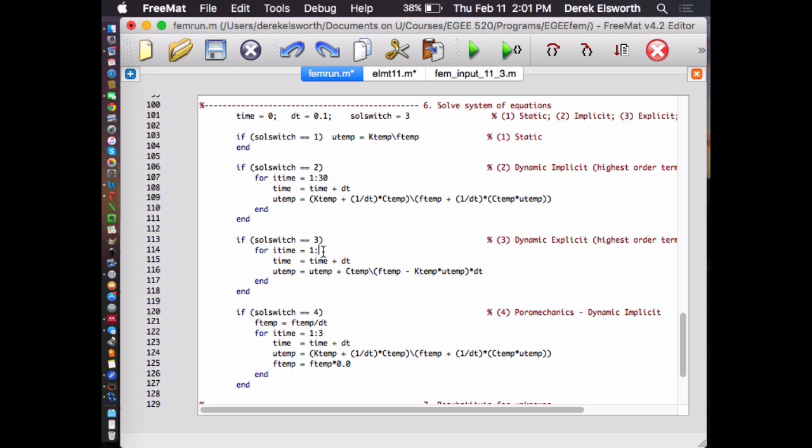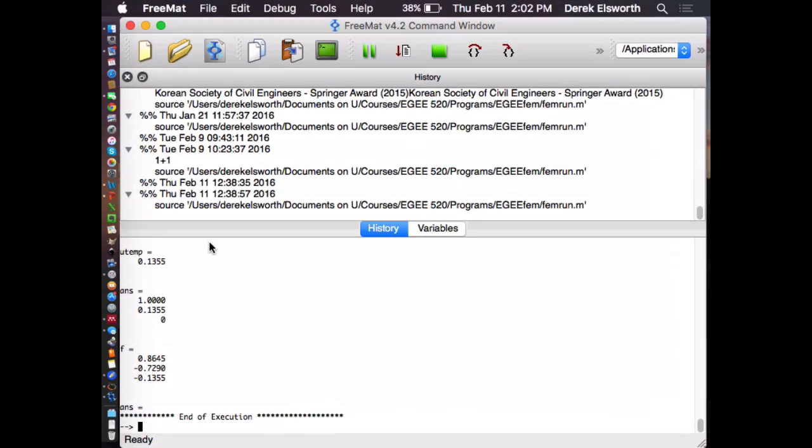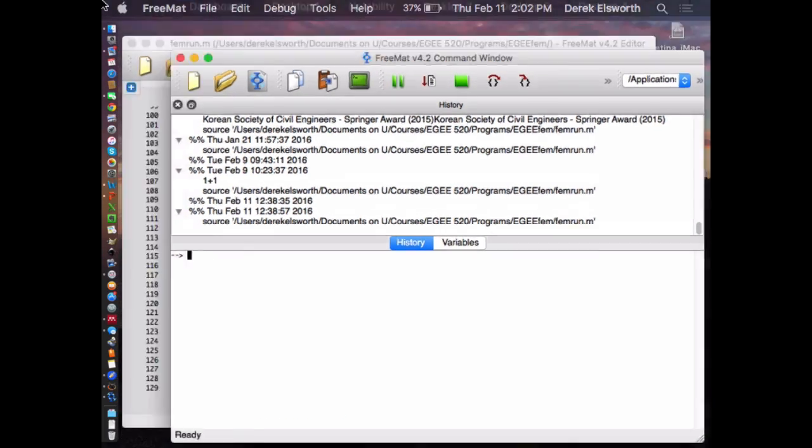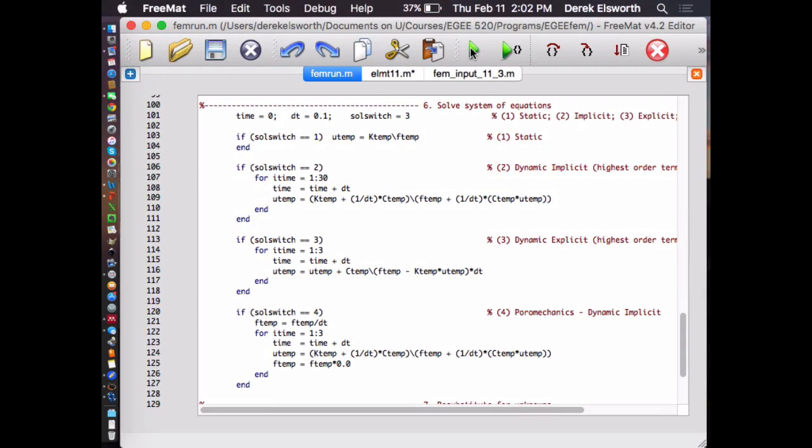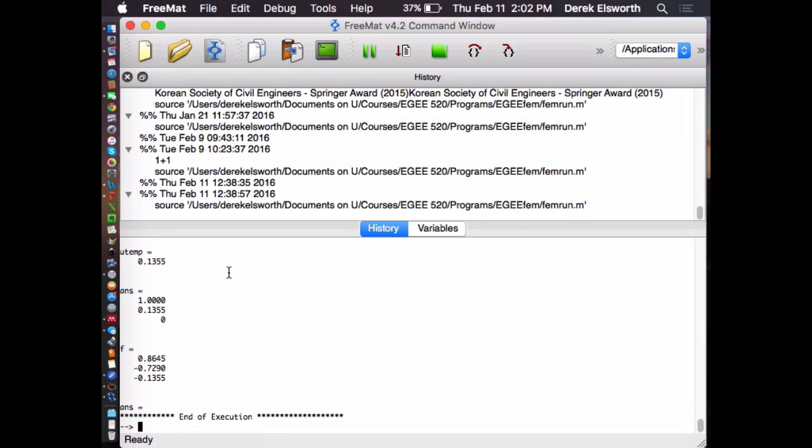Maybe I want to do 3. Yeah, let's try 3. And so if I run it, let me clear it first and then run it. Just makes it a bit simpler. If I run it, it comes to the end.